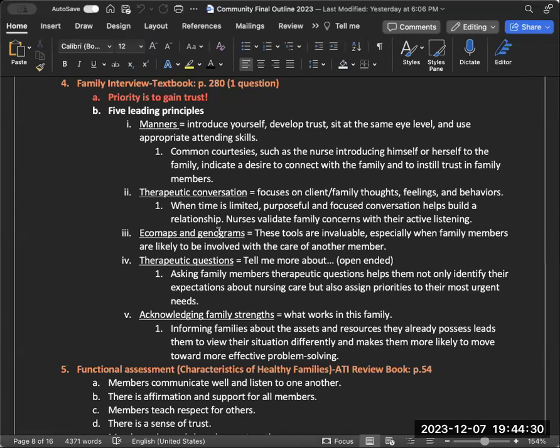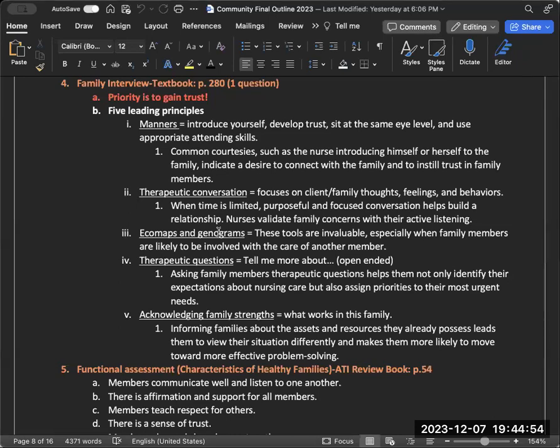We can ask them therapeutic questions such as tell me more about blank. Open-ended is therapeutic; non-therapeutic would be a closed-ended question like, is this couch red? That would not be something you ask them, but that's just an example. There's only one answer to that question.